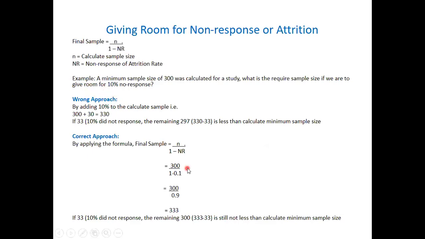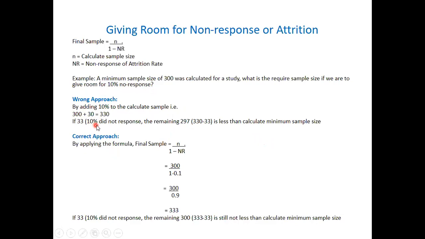So look at an example now. A minimum sample size of 300 was calculated for a study. What is the required sample size if we are to give room for 10% non-response? The wrong approach would be adding 10% to the calculated sample size. If you add 300 plus 30, because 30 is 10%, you give it 330.